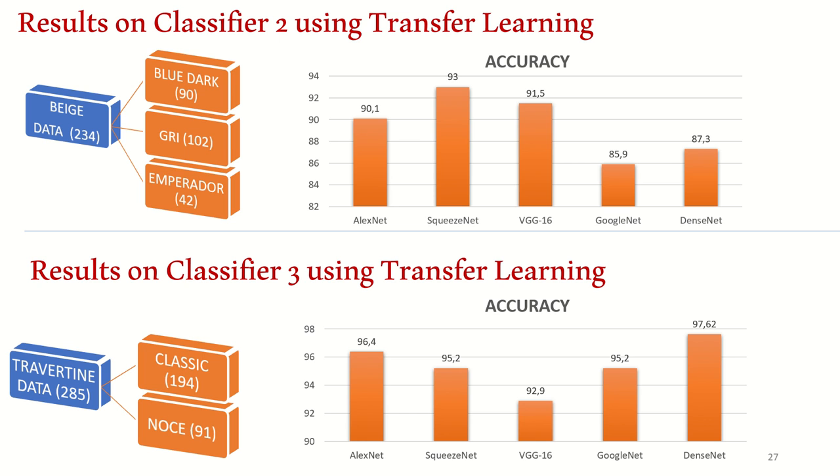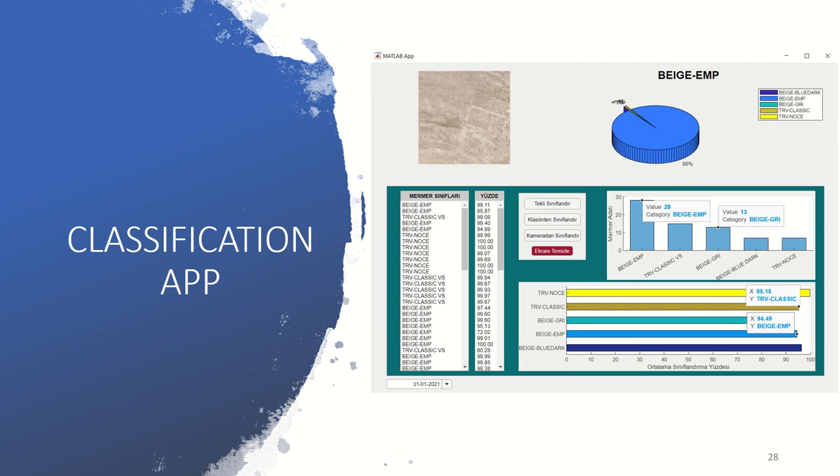And classifier 3 classified the classic and notch marbles, with 97% on the DenseNet model. So we classified the marbles and we created an app to classify marbles automatically.